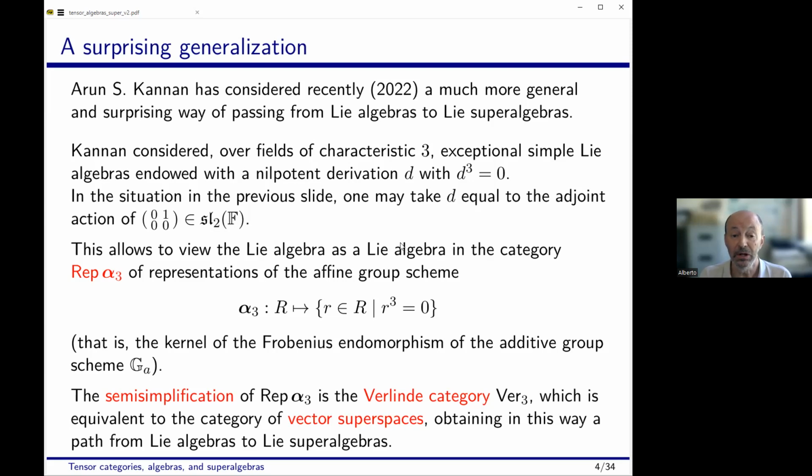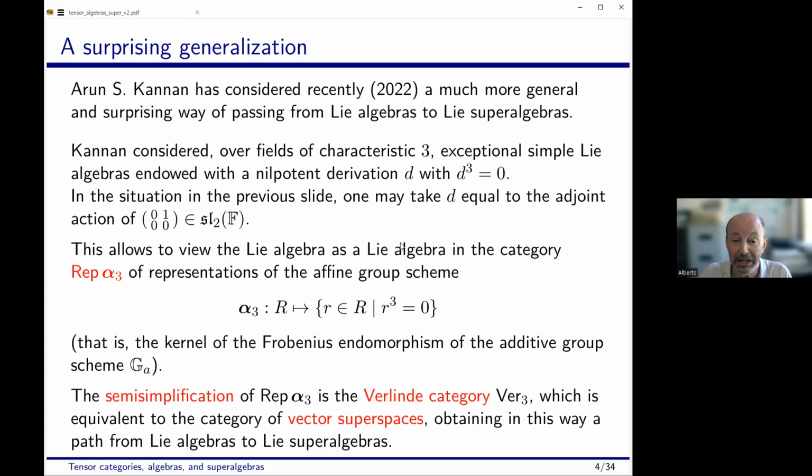So Arun Kannan was able to get, from a Lie algebra with a nilpotent derivation of degree 3, through this process of semisimplification, a Lie algebra in the category of vector superspaces, but Lie algebras in the category of vector superspaces are just Lie superalgebras.